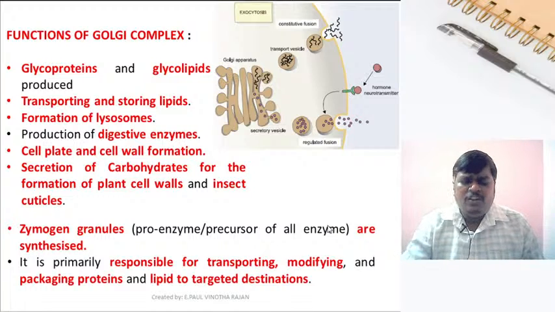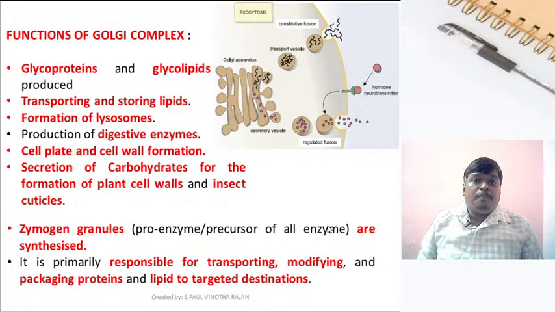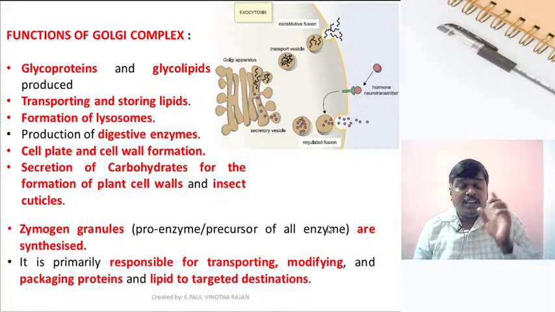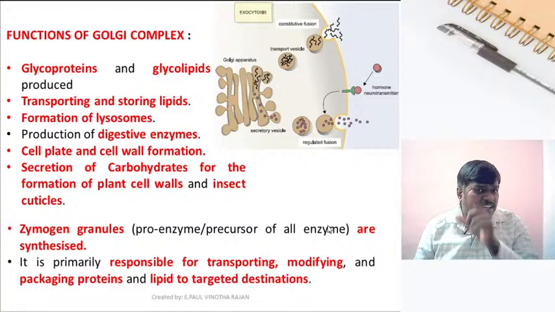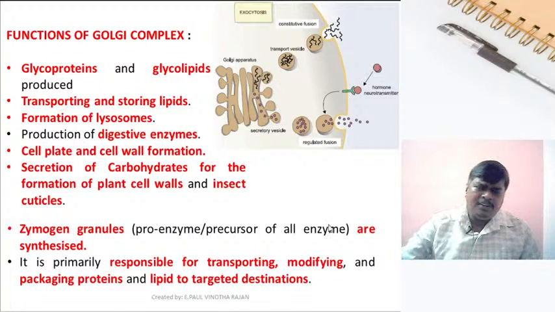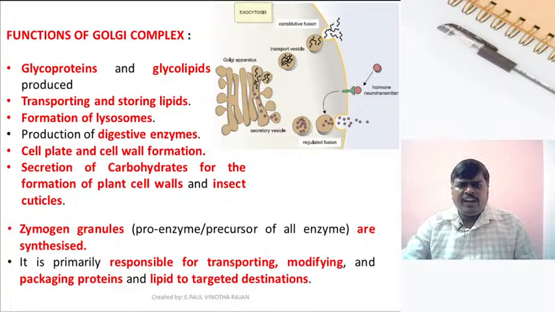It is mainly involved in production of glycoproteins and glycolipids. Do you remember where exactly you have seen glycoproteins and glycolipids? Can anyone tell where they are formed?